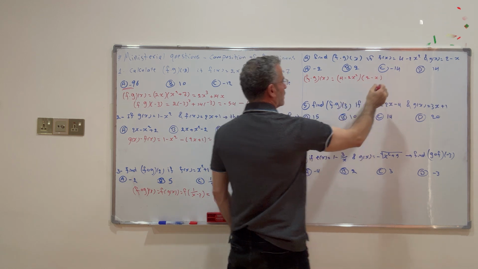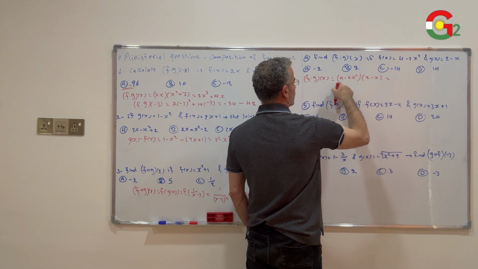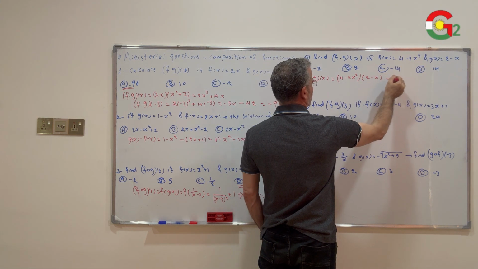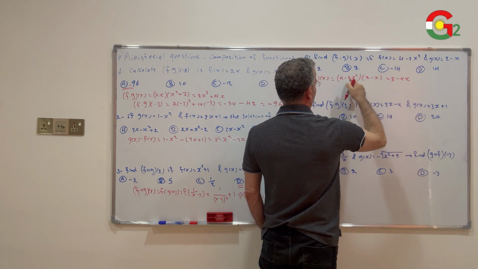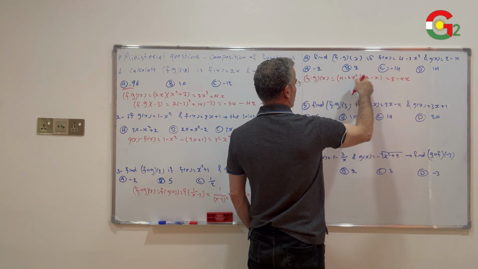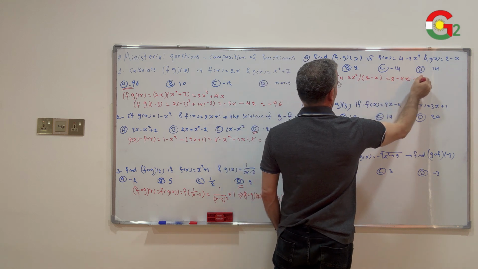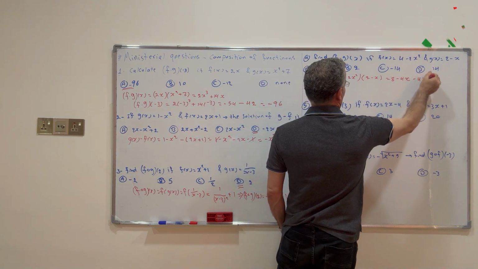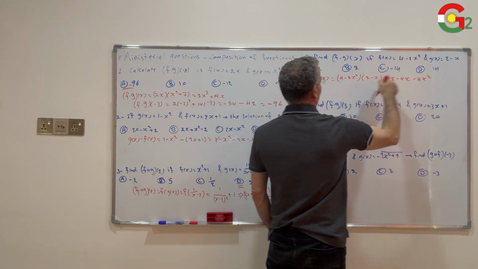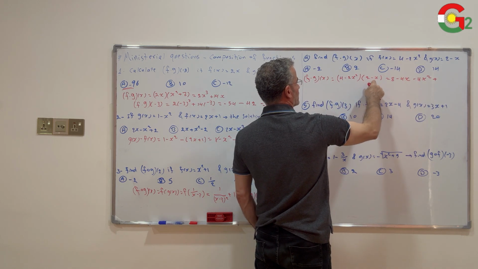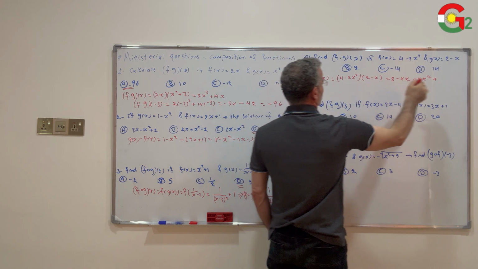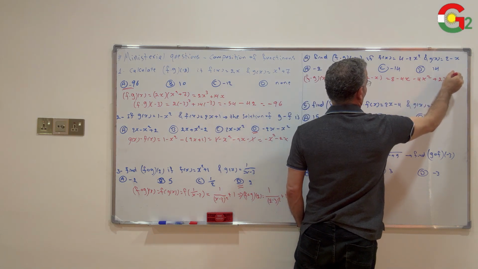Open these two brackets: 4 times 2, 8. 4 times negative x, negative 4x. Minus 2x power 2 times 2, minus 4x power 2, and minus 2x power 2 times negative x, plus 2x power 3.